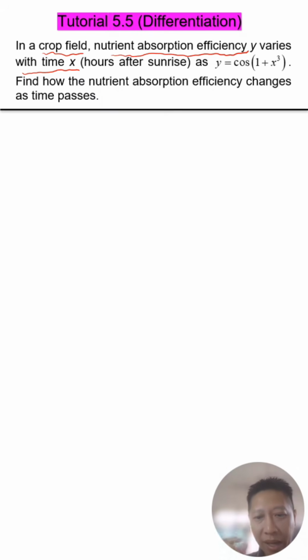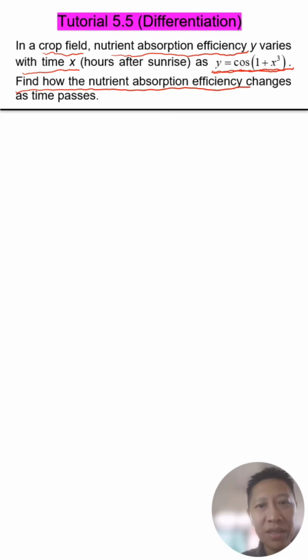However, we know that there is a pattern showing the absorption over time. This is the pattern, this is the formula: y equals cos of (1 plus x to the power of 3). We want to find how the nutrient absorption efficiency changes as time passes.